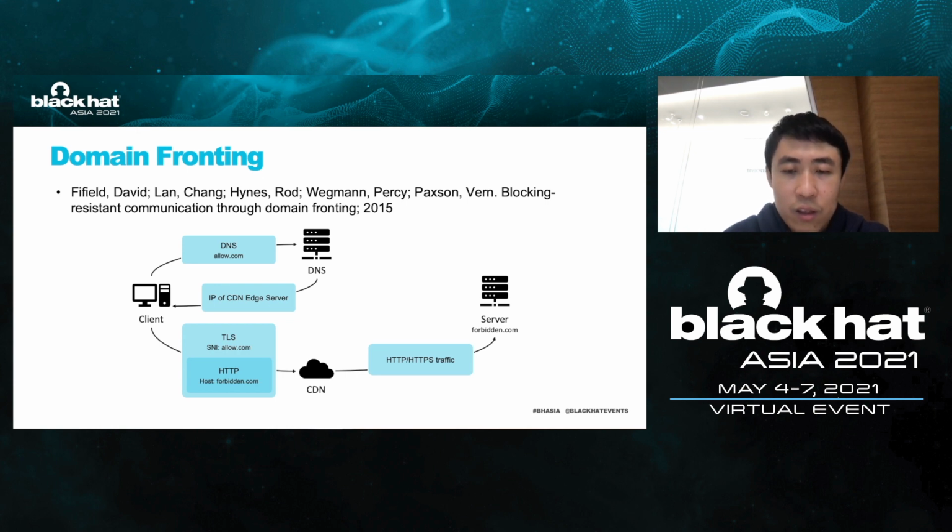And the HTTP request inside the TLS connection uses a forbidden.com host. The CDN will route back to the origin based on forbidden.com rather than allow.com. So if there is no HTTPS decryption device acting like a firewall, the traffic looks like communicating with allow.com and cheats the firewall.